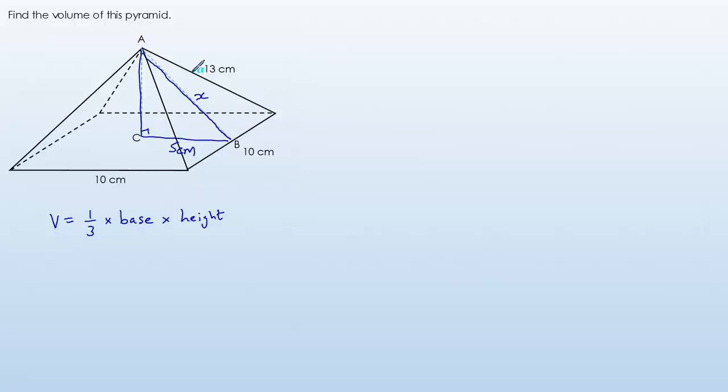So let's look at this triangular face here. So that's an isosceles triangle. I think we've done this in an earlier example, so it's a good chance to recap that. So we're wanting this distance AB. Now we know that this is 13 centimeters, and if that's 10, this is going to be 5 centimeters.